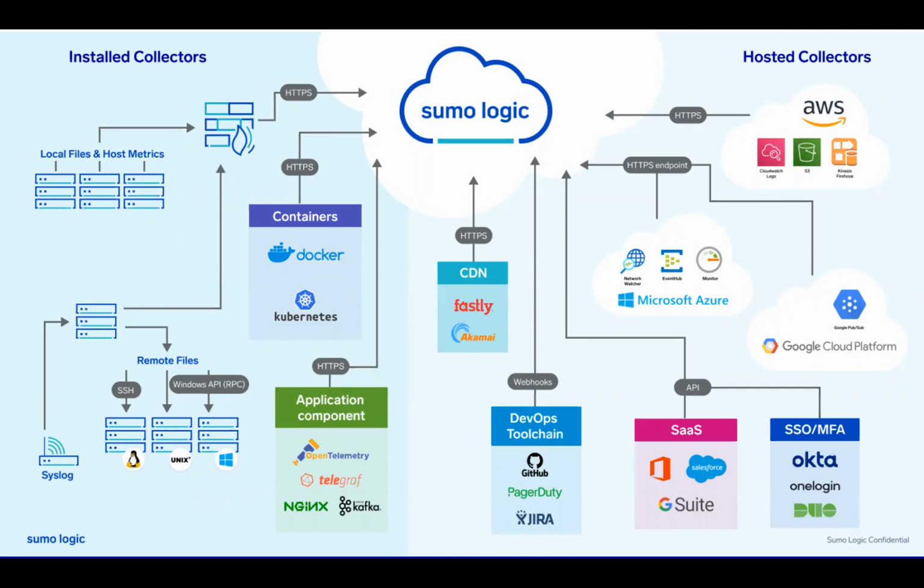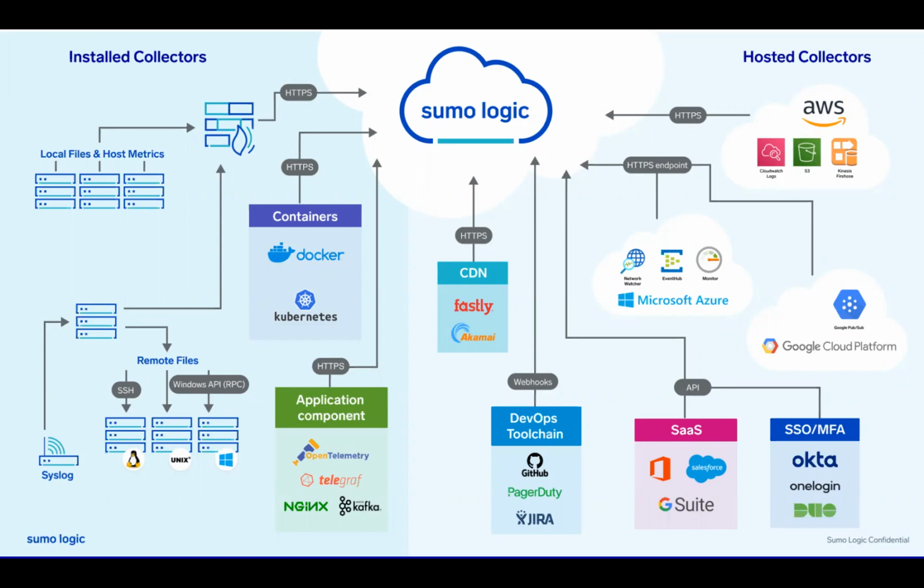On the right-hand side, with the hosted collector method, you can collect data from other sources like public cloud, your Azure, GCP, or AWS, for which we already have many integrations, or any of your SaaS-based solutions, your Okta, your OneLogin.